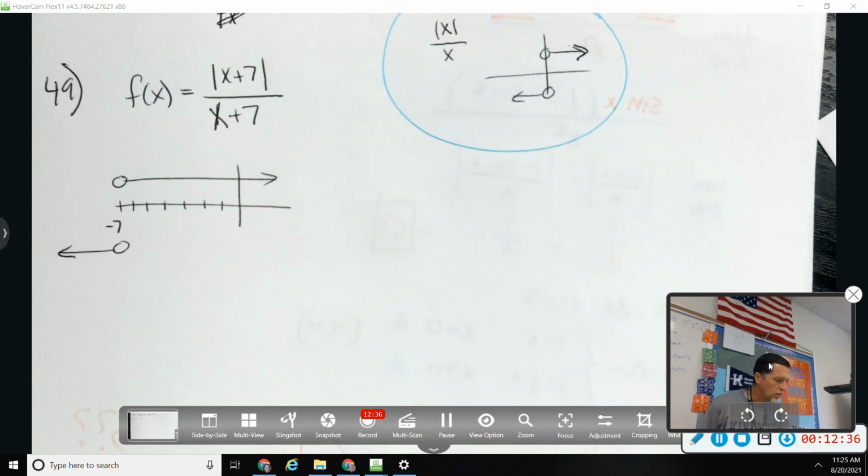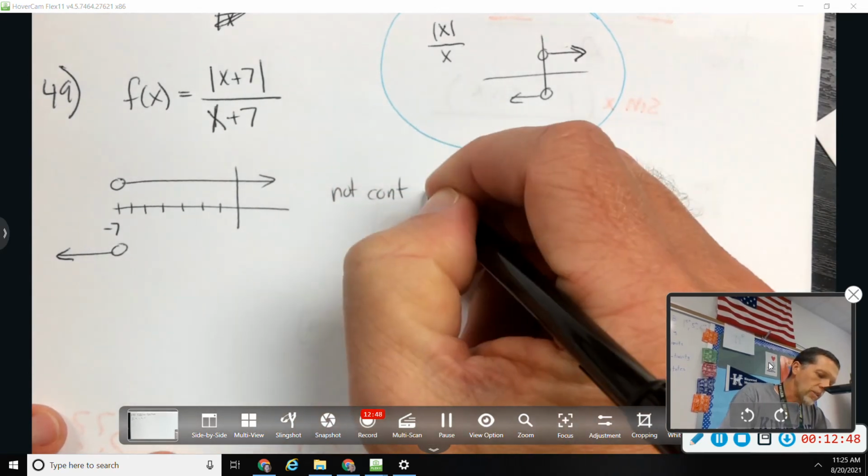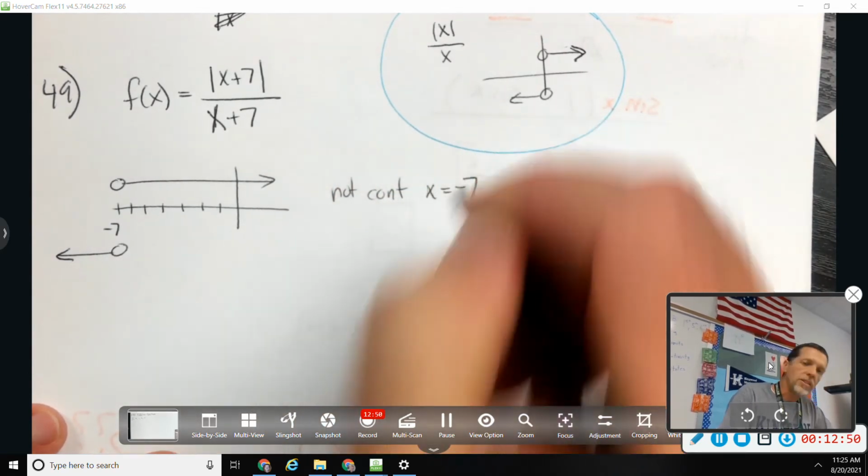And then the question was, find the x values that it's not continuous. Well, if you know the graph, it's not continuous at x equals negative 7.